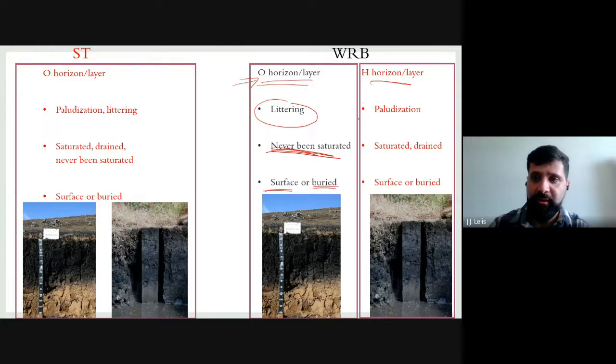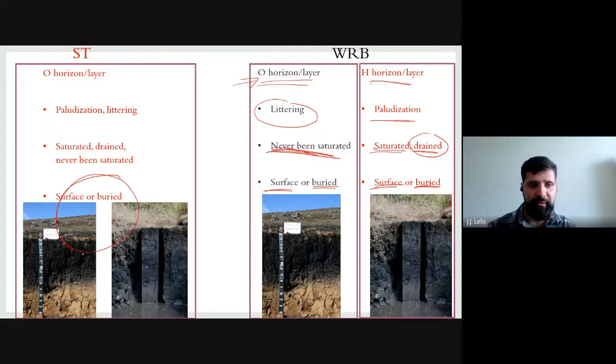And you can identify an H horizon that's formed by paludization, formed in saturated or drained conditions, drained by man. It also can be identified at the surface or as a buried horizon. So as you can see, soil taxonomy mixes these, and WRB separates them into different horizons.